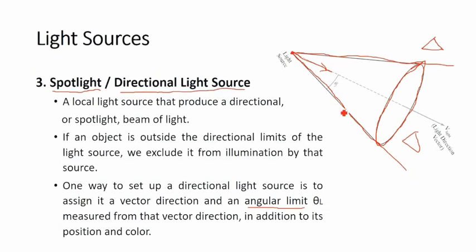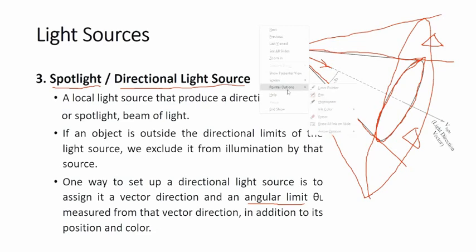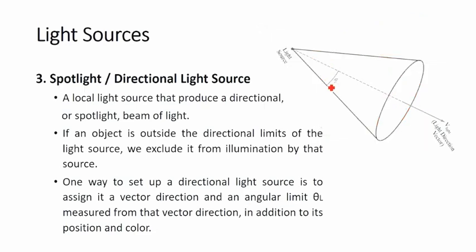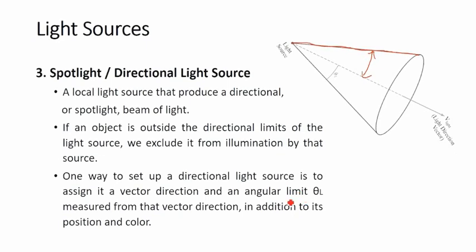How much area could this cone be covering? So we need to know the angle that the edge of this beam makes with the axis of the cone. And that cutoff angle, or the angular limit, we represent using theta L.